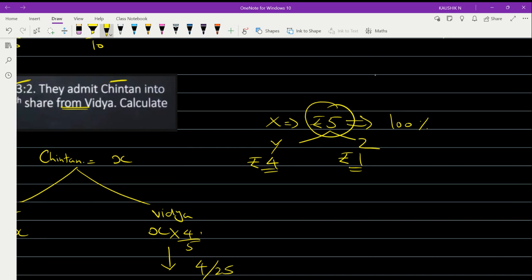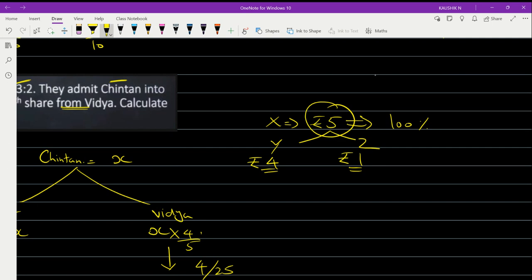In this 100% value, if 4 rupees is offered by Y, how many percent has Y provided out of the 100%? It is that type of calculation. Here the 4 by 5 is becoming 4 by 25.